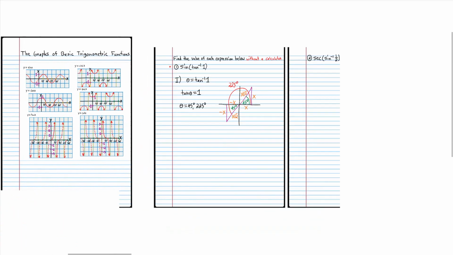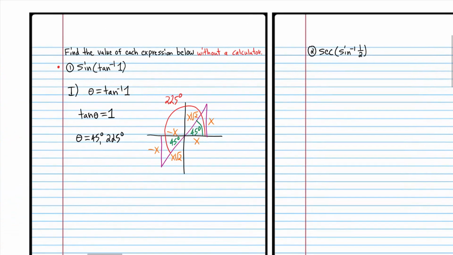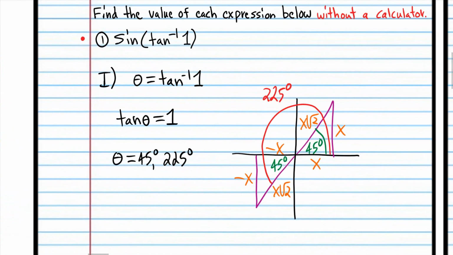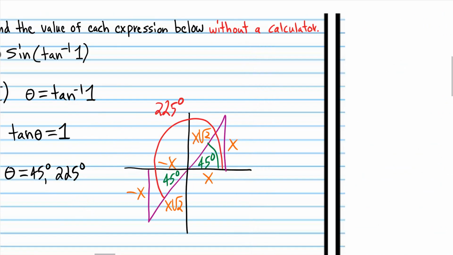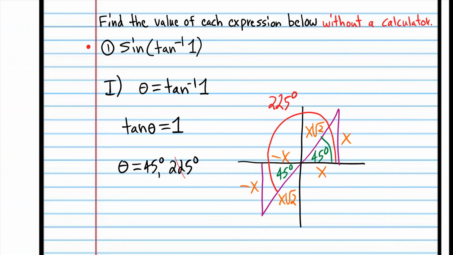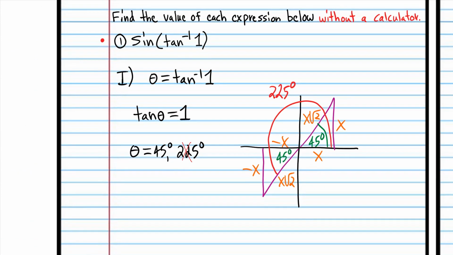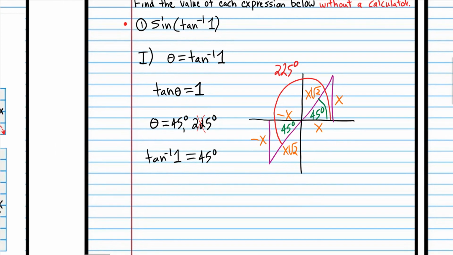So we're going to cross out 225. So tangent inverse of 1 is equal to 45 degrees. That's what we're looking for. So we found the value of the inside part.